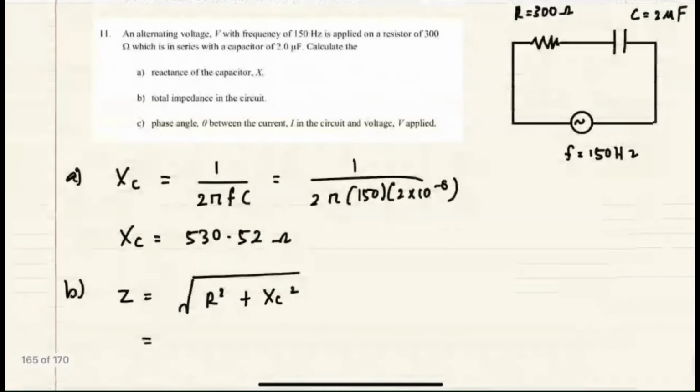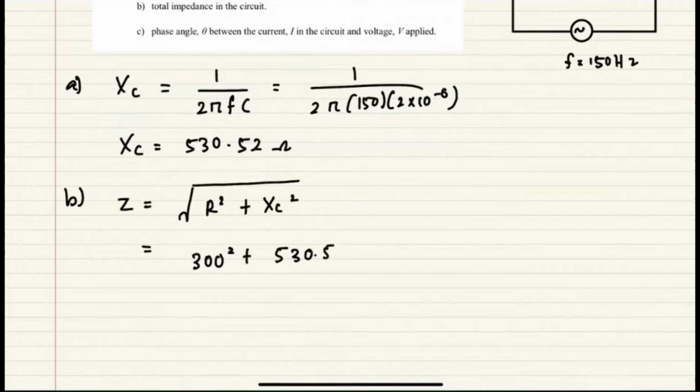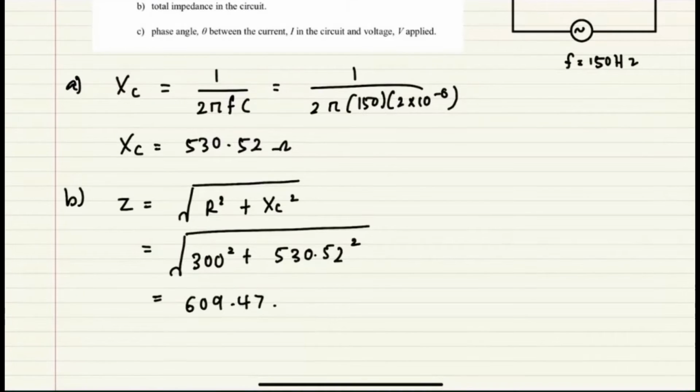Okay, R sama dengan 300. So here I got 609.47 ohm.